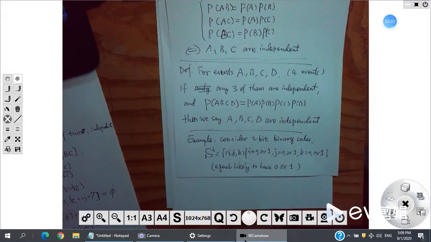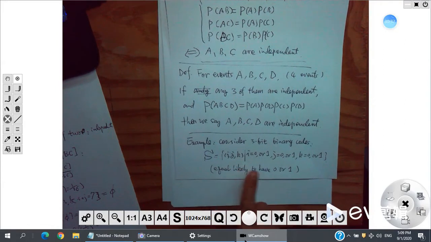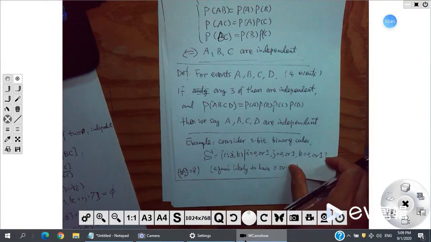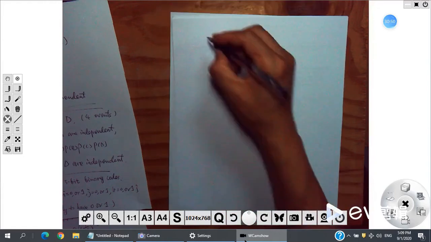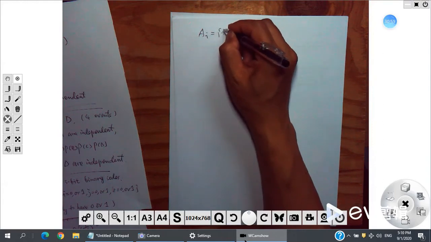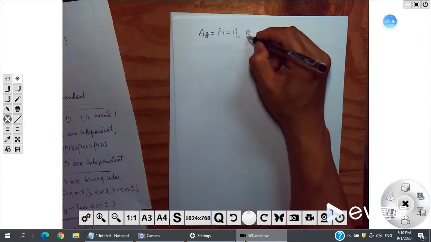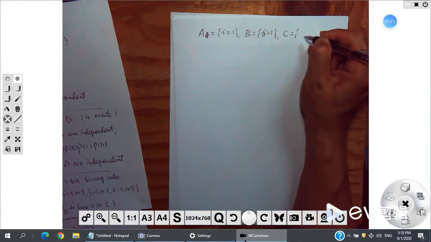Okay. So this is a sample space, right? Sample space, we have how many? We have 8, right? Total you have 8, 3 bit. And then I use A equal to I equal to 1, B is J equal to 1, and C is K equal to 1.